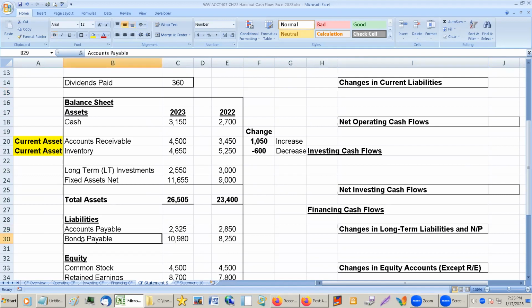The bonds payable is probably long term. So this is bonds payable. This would be a current liability.